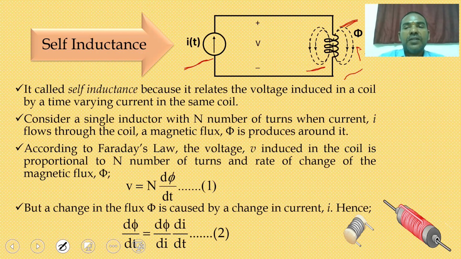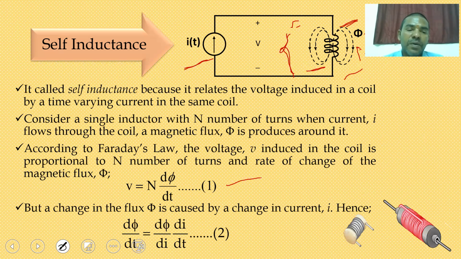Let us assume the flux produced by the coil is phi. The voltage drop across the coil is V volts. Then Faraday's laws of electromagnetic induction give the induced EMF generated by the coil.